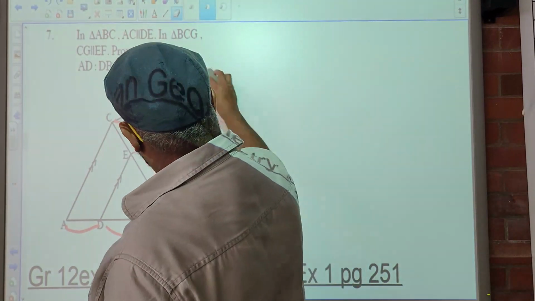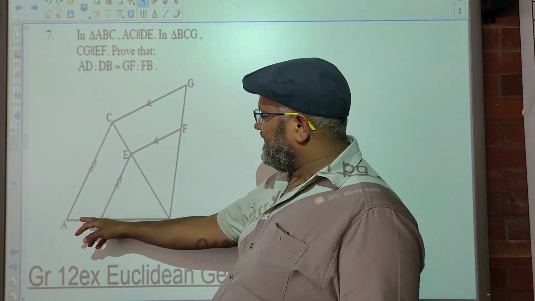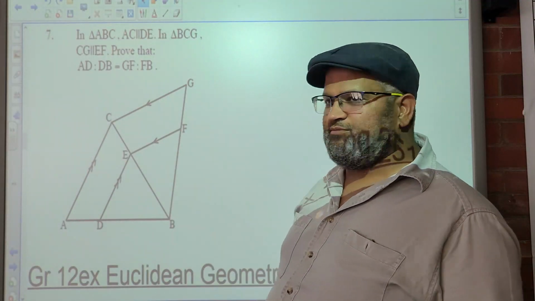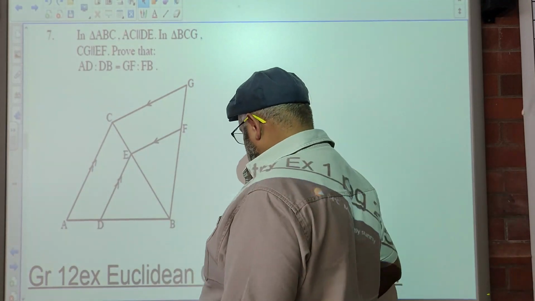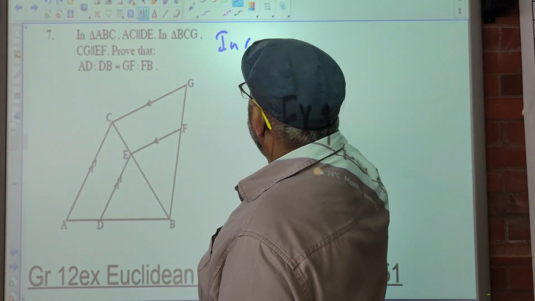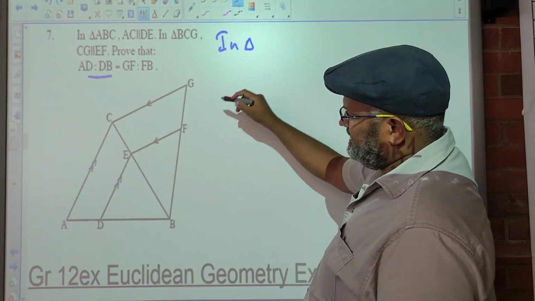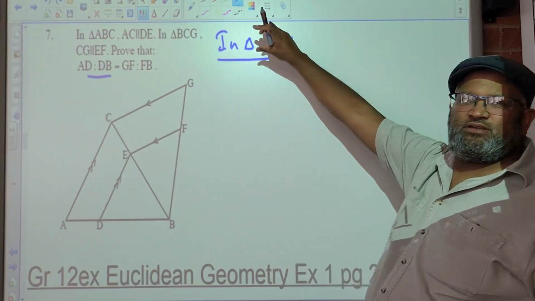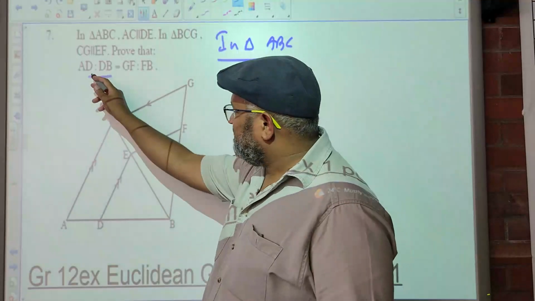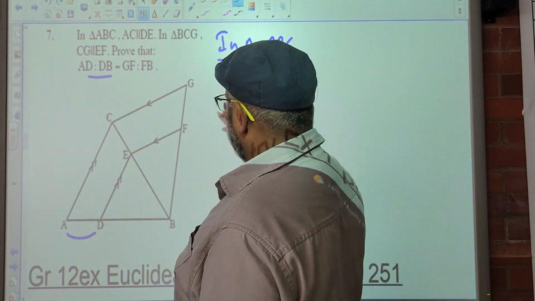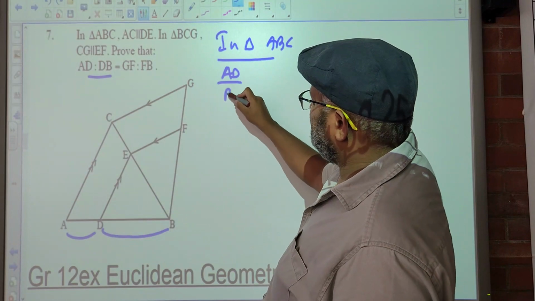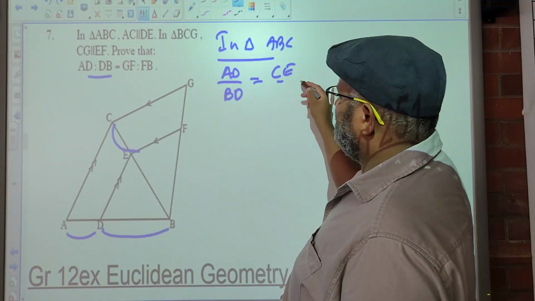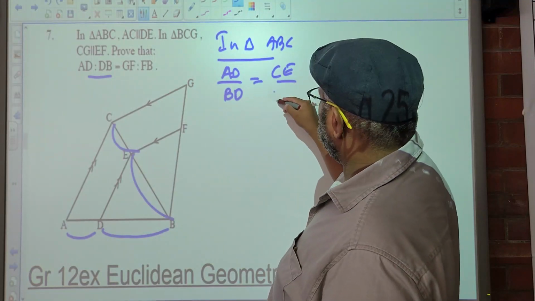So the question says you must prove that AD over DB is equal to GF over FB. But I just did that now, not so. So when we start, we say in triangle ABC, we start off with AD and DB. Do I have to write the statement? No. So we go with what they want. So AD over DB is equal to CE over EB.